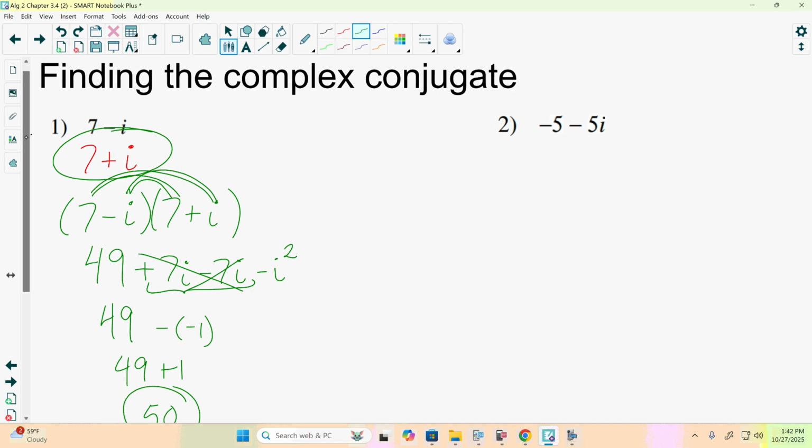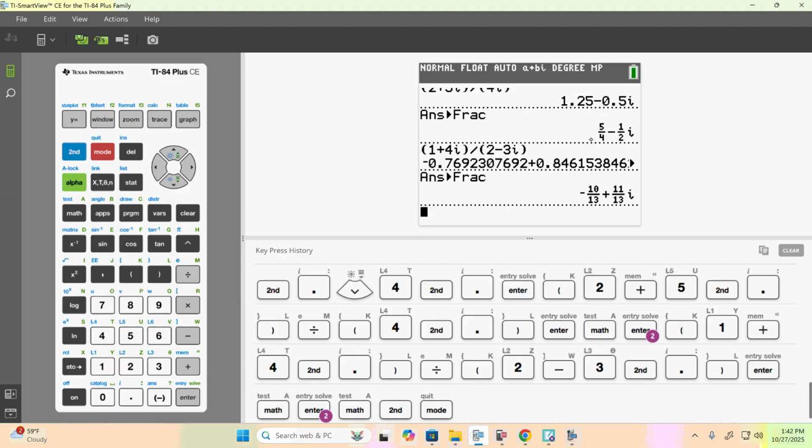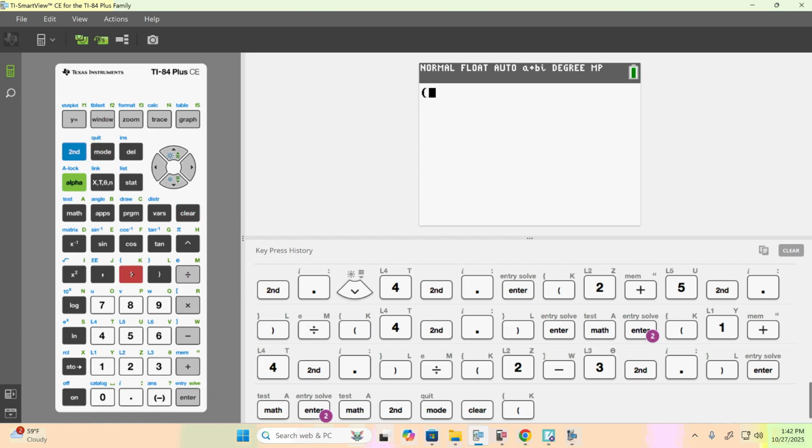So negative 5 minus 5i's complex conjugate would be what? It would be negative 5 plus 5i, because a plus bi and a minus bi. Now we can multiply those together.